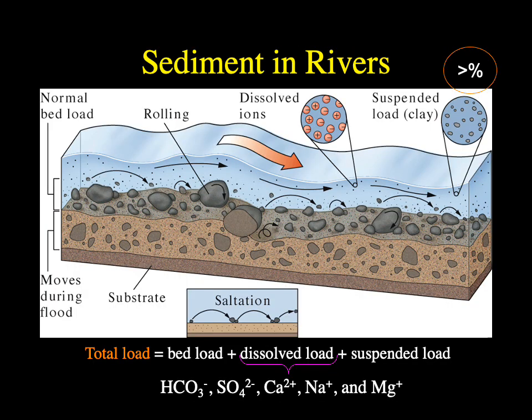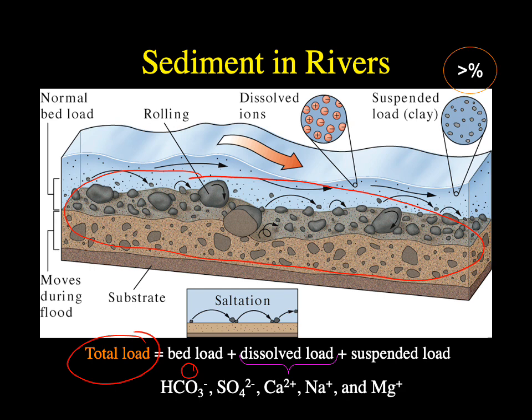Okay, we also have to remember that streams and rivers are not only carrying water, but they're also carrying sediment, loose, uncemented material. The amount of sediment that a river can carry is called its total load. The load a river carries is broken up into 3 different components. The first one is the bed load, which is what we're showing here.